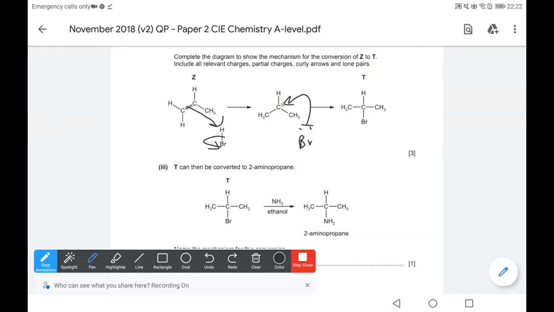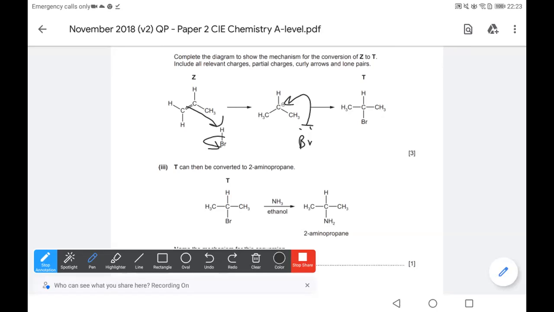It can then be converted to 2-amino propane. This is not a very good method. Normally, to form an amine, we should use another method because this gives a mixture of products and we can't take only what we want. We have to add more and more ammonia or amine and less alkyl halide to keep what we need.